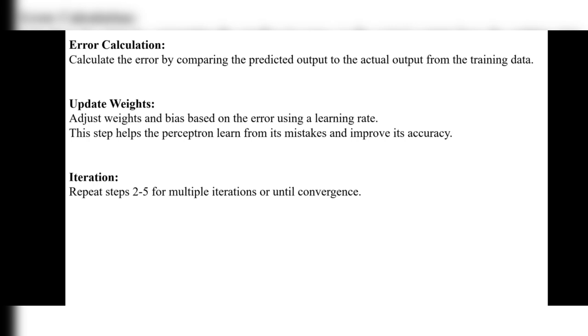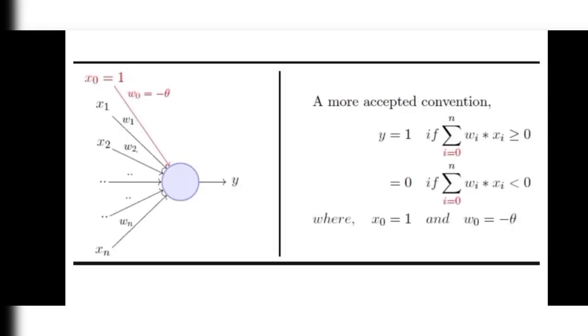Iteration. Repeat steps 2 to 5 for multiple iterations or until convergence. That means you should repeat it continuously. When we are repeating, some outputs will be different, some outputs will be the same. This is a picture of the Perceptron learning algorithm. First, x1, x2, xn are the inputs.